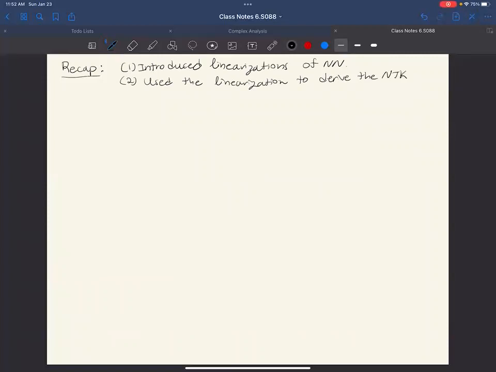We saw that the NTK was just a kernel coming from this linearization. And 3, we calculated an explicit form for the NTK.